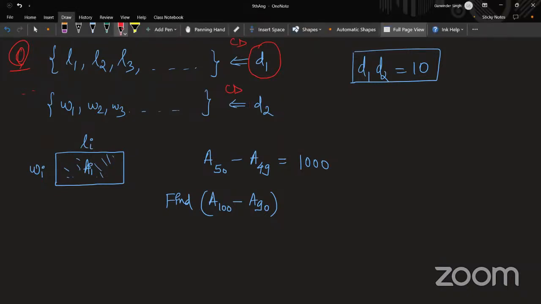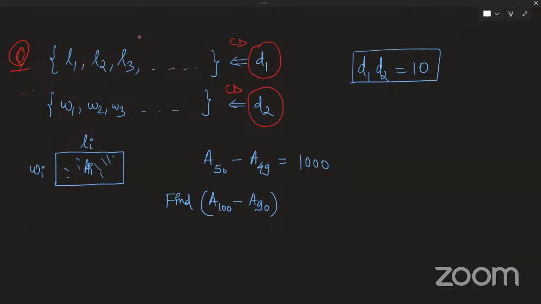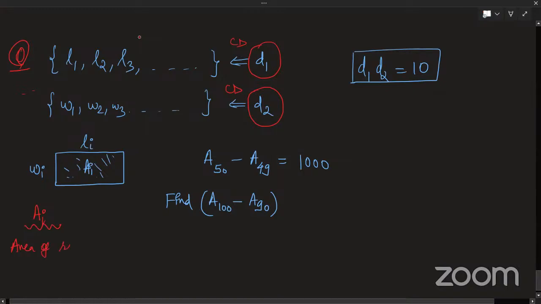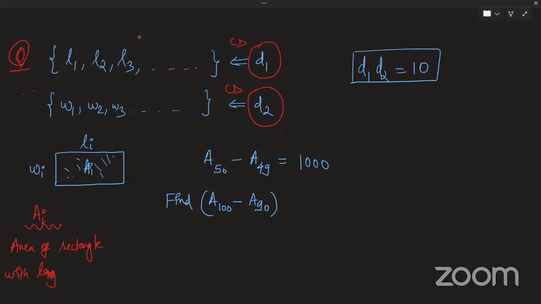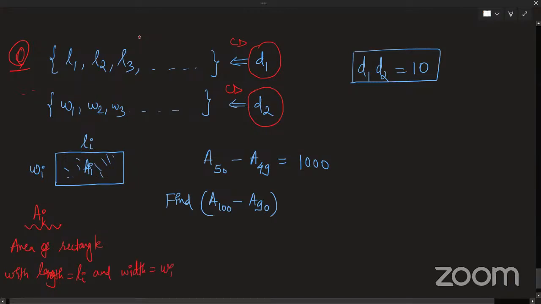Now Ai is the area of a rectangle with length Li and width Wi.